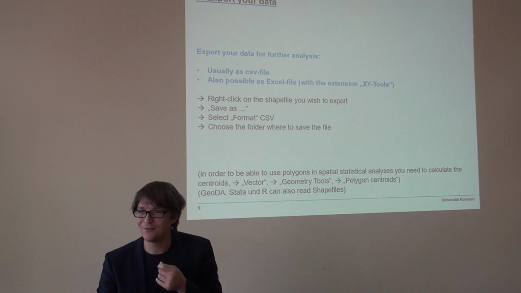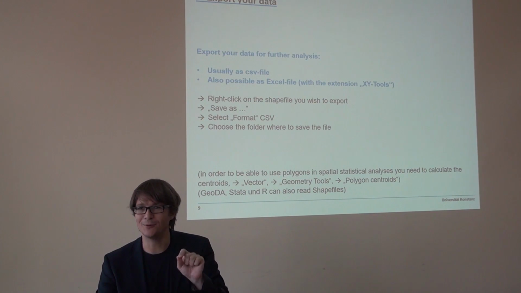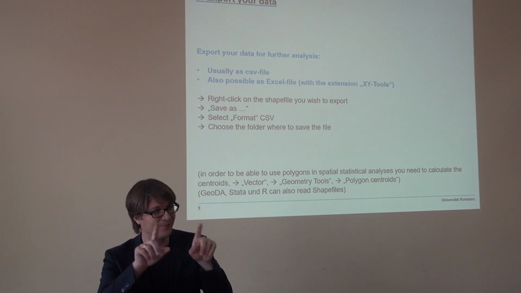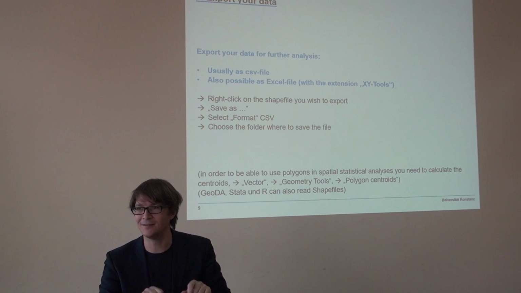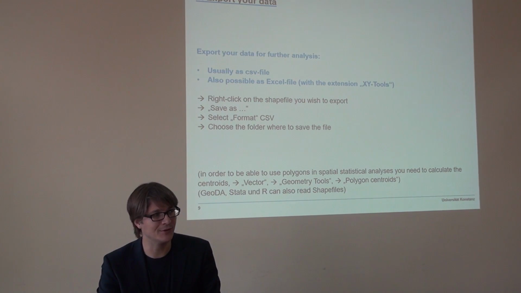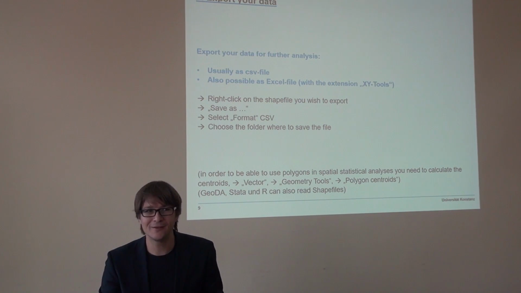And the other thing is, as soon as you have not points but polygons, so think of the buffers, like these individual neighborhoods, then you don't have easily available latitude and longitude, because it's an area, it's not one point.